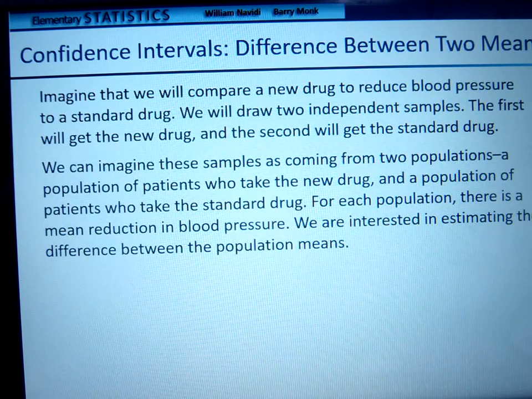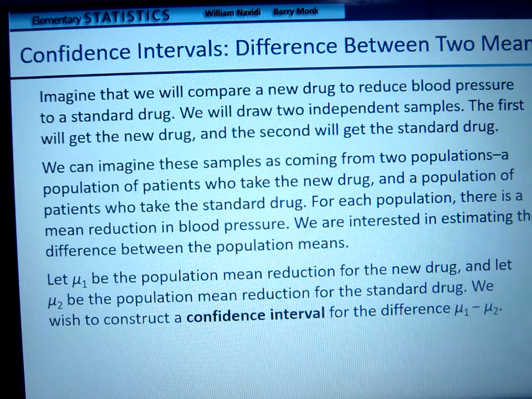We can imagine that these samples are coming from two populations, a population of patients who take the new drug and a population of patients who take the standard drug. For each population, there is a mean reduction in blood pressure. We are interested in estimating the difference between the population means.